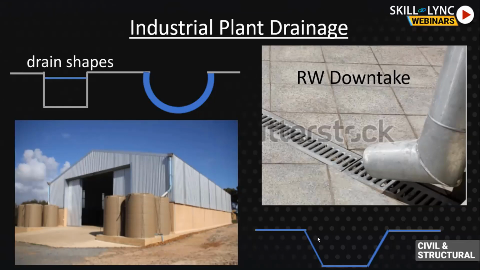But of course, when the quantity of discharge entering the drains is very large, these rectangular and semicircular drains do not suffice. You have to go for the trapezoidal drain. The only thing is, for a trapezoidal drain, sufficient plant or plot area should be available, because the top width is very large.